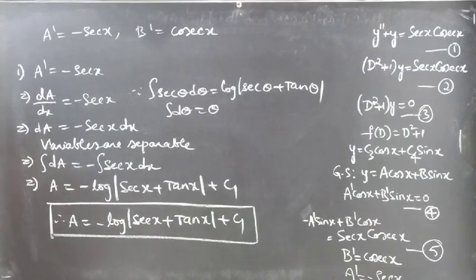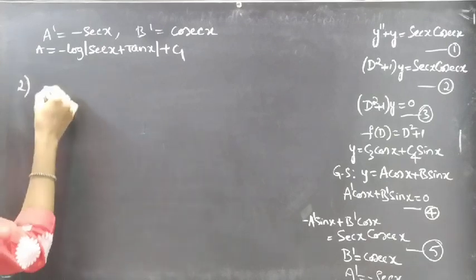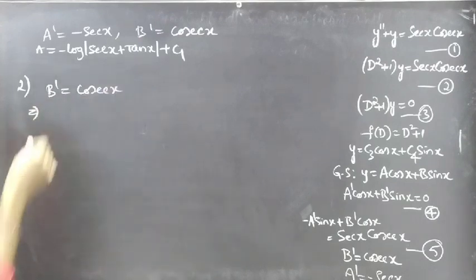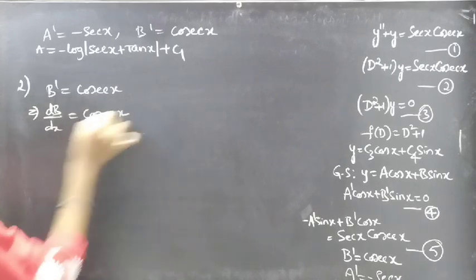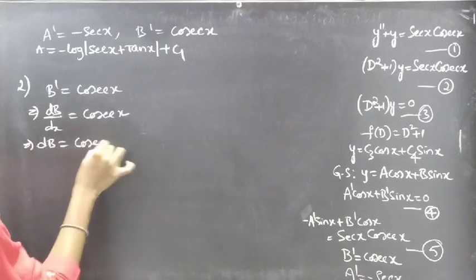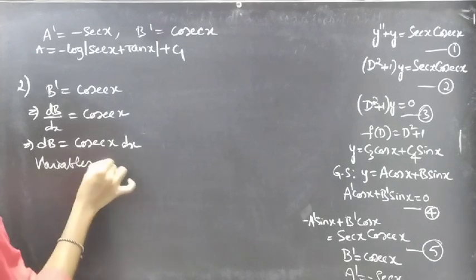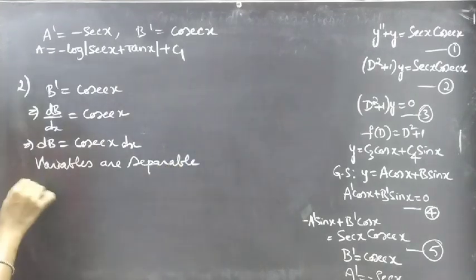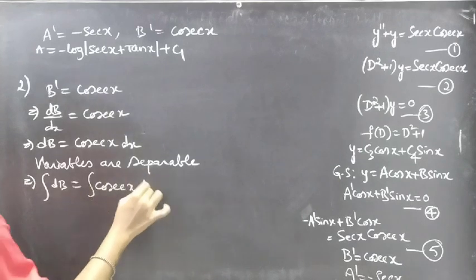We got a. Let's now find b. We have b dash equals to cosecant x, right? And b dash is nothing but derivative of b with respect to x. Let's now separate the variables by taking differential dx to RHS. Then we'll get dB equal to cosecant x dx. Here the variables are separable. So let's perform integration. Integral dB equal to integral cosecant x dx.